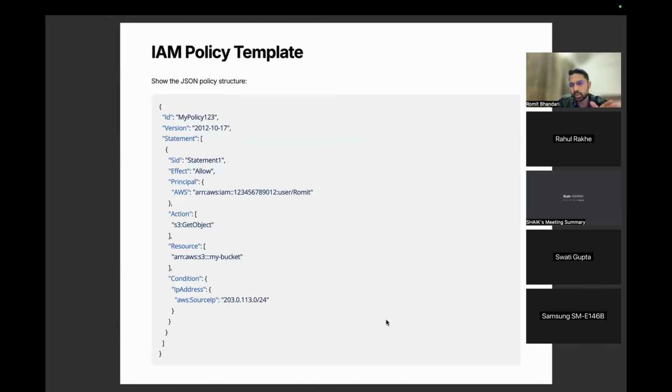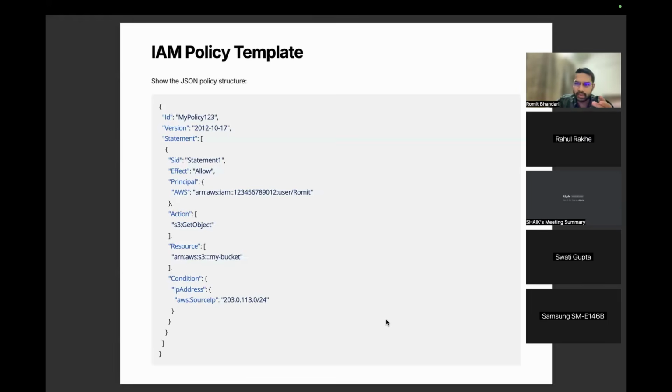And what is resource? Resource is on whom the action is getting performed by the actor. Actor becomes the principal. Okay, so here, we are talking about an identity based policy for a user. So for user Romit, this is the kind of statement you will have.